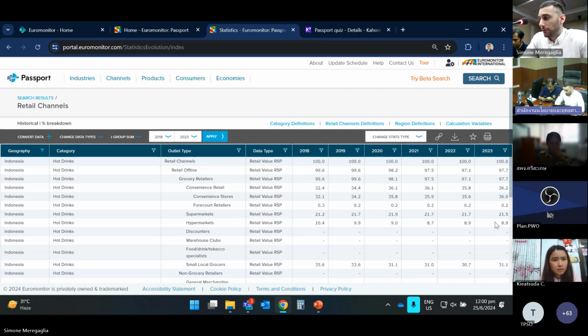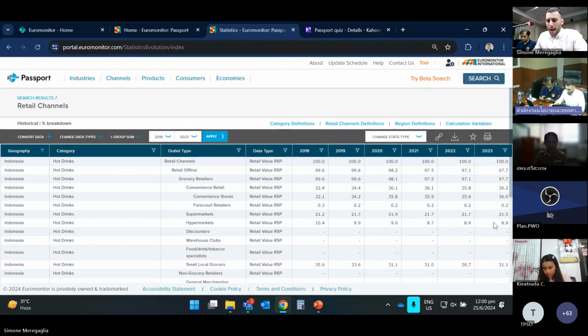If I need to advise a Thai company to export tea to Indonesia and advise them on which distribution channels to focus primarily on, what I see here is that convenience stores and supermarkets are the two main channels in which they are bought.